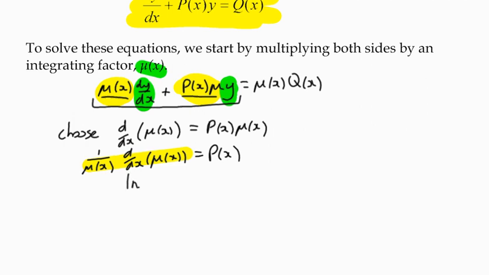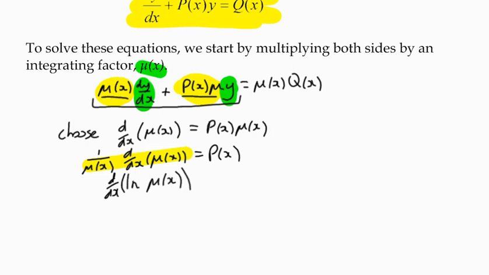If we were to differentiate the log of mu of x, we would get 1 over mu of x times the derivative of mu of x.